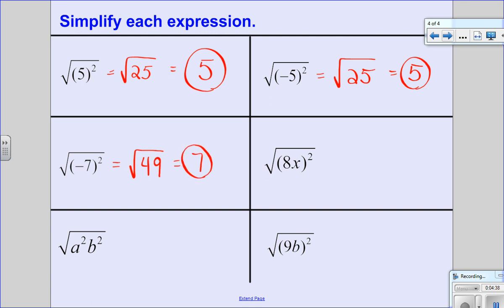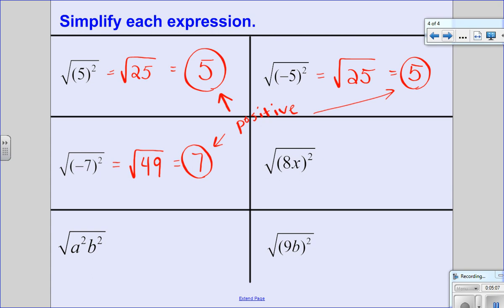And so what we've seen so far is that every single one of our expressions ends up being positive. And that's because when we use our radical sign, we have to have non-negative square roots only. So what does that mean for our next example? The square root of 8x squared.